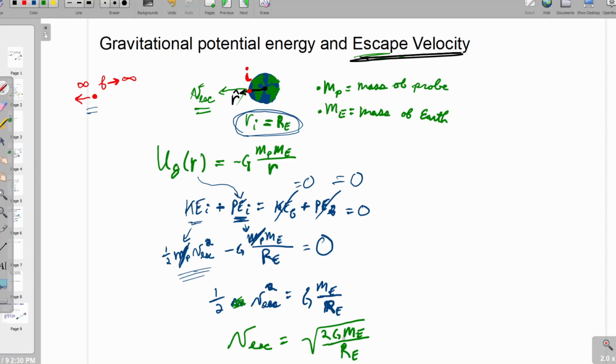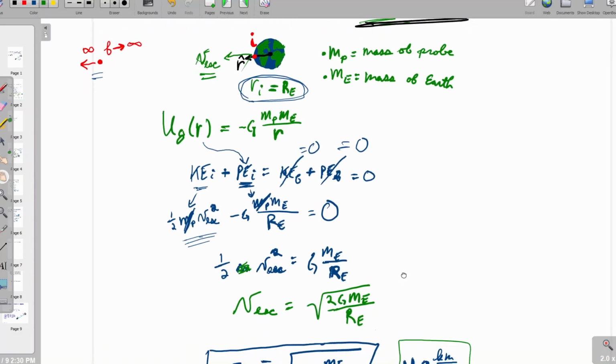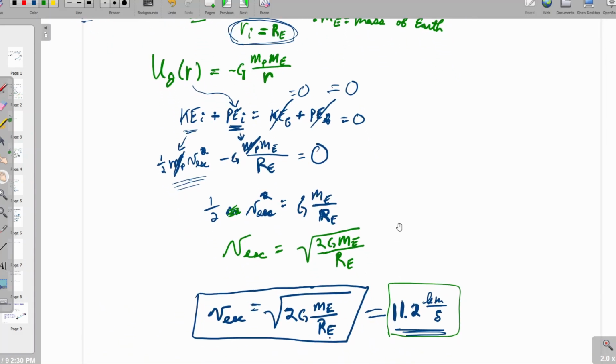Okay, so if I plug in numbers into that, I get that for the Earth, this is about 11.2 kilometers per second. So that's the speed that you would need to achieve in launching a probe out so that it never comes back. Of course, this is not specific just to the Earth.